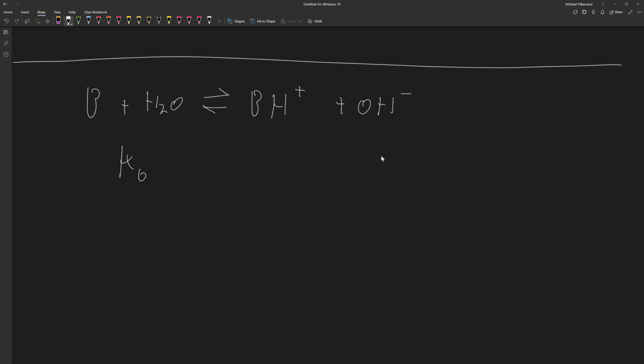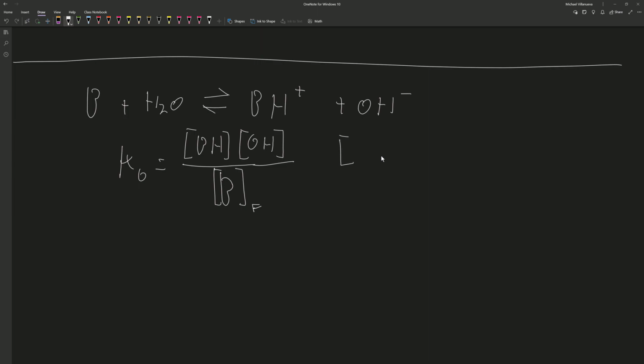We know that Kb is equivalent to the concentration of BH times the concentration of OH, all over the final concentration of the base. So this is the final concentration of the base left in solution.